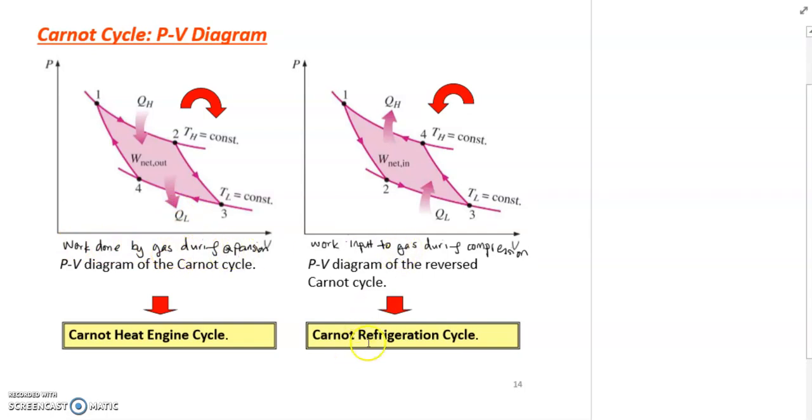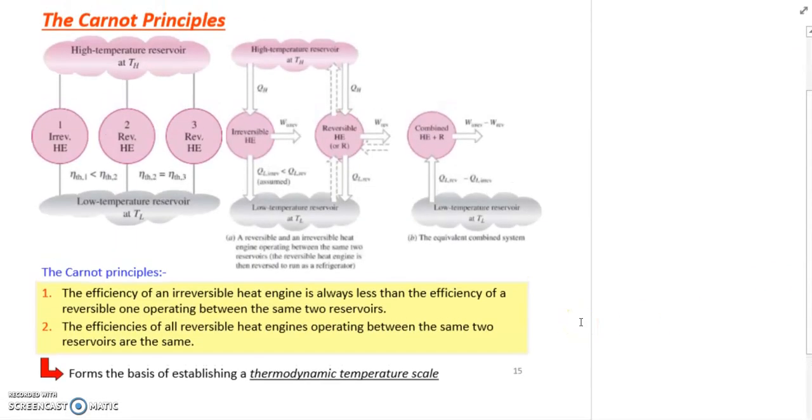In the refrigeration cycle it is opposite, so your work input to the gas is during compression. I hope you can see the difference here. The directions are opposite.